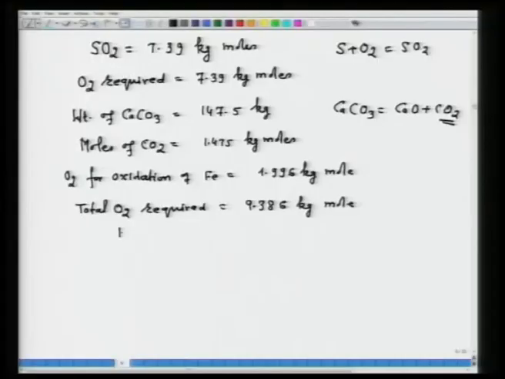So, accordingly nitrogen would be 35.29 kg moles.